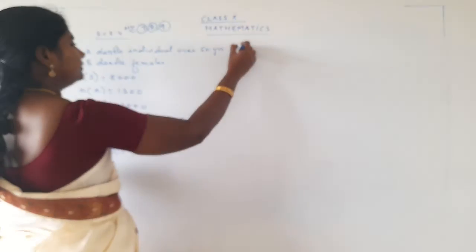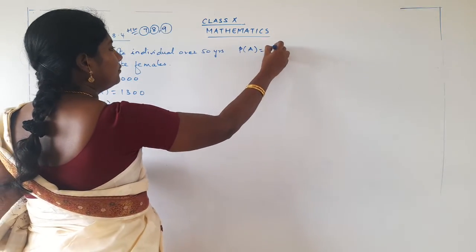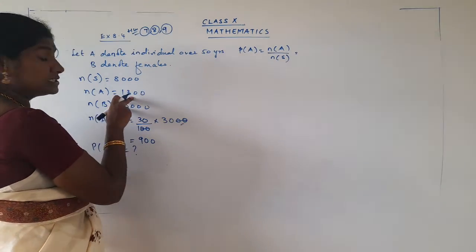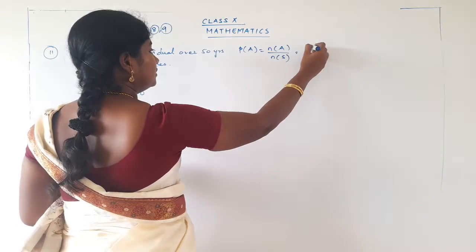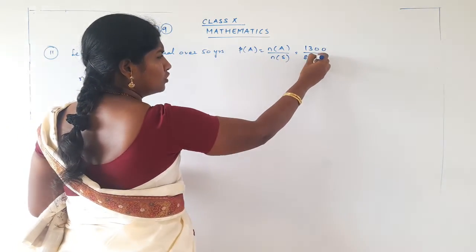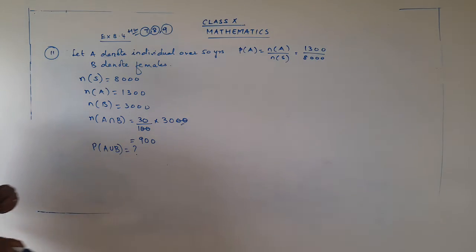So right here, P of A is equal to N of A upon N of S. N of A is 1,300 upon N of S is 8,000. Do not simplify, just keep this as this.